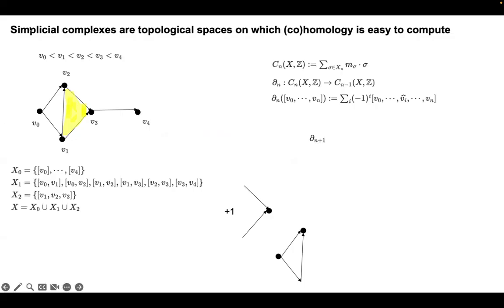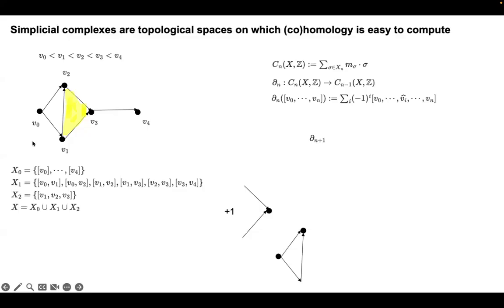For example, the left figure is an example of a simplicial complex. X0 is the collection of zero simplices, the dots. So V0, V1, V2, V3, V4 is the collection of zero simplices. Also, we give a total order on the zero simplices.